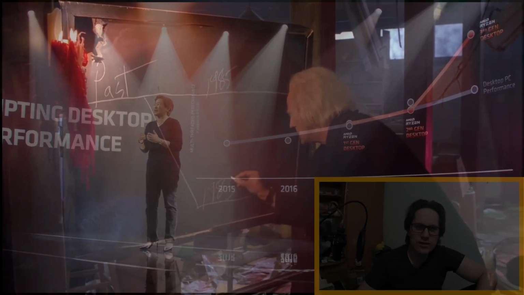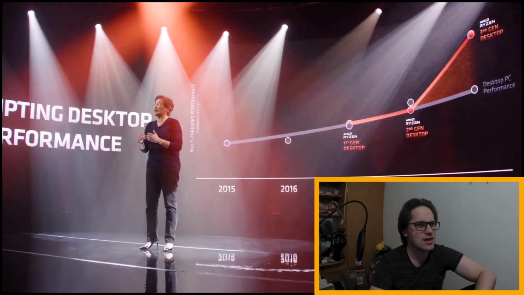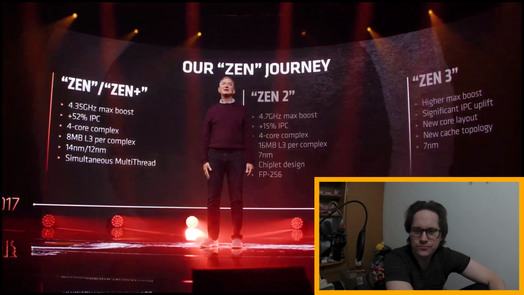I do believe that if Ryzen didn't happen, we'd probably still be at 4 cores, 8 threads, and Intel would only have 14nm with pluses next to it. Awesome. So next up, our Zen journey.